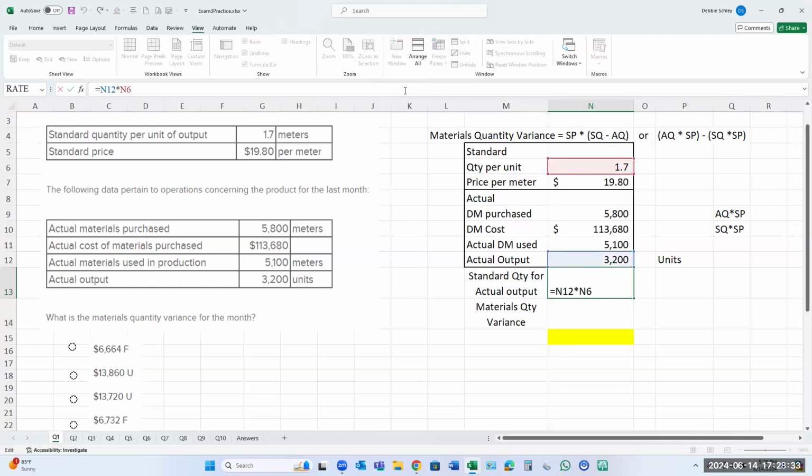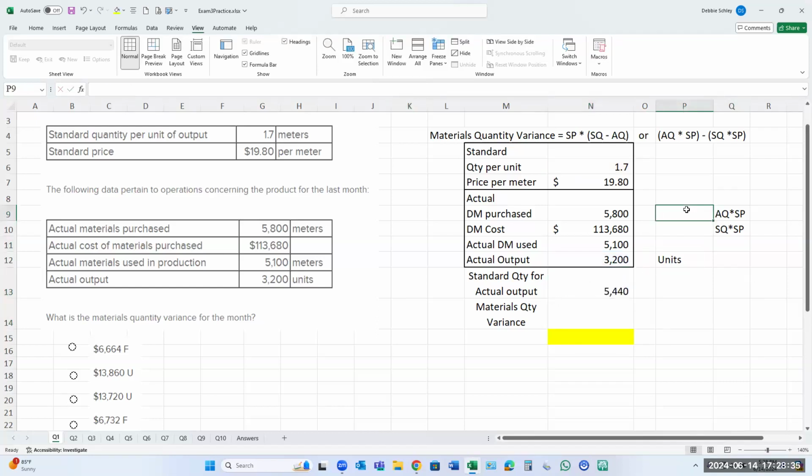Let's see, what did I just do? Okay, let's do actual quantity, standard price. Nope, I picked the wrong number.